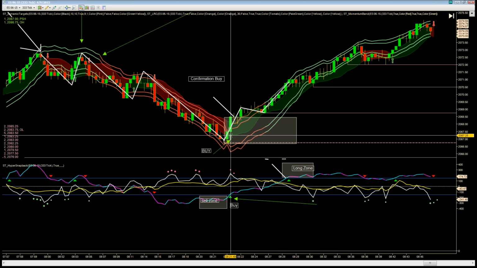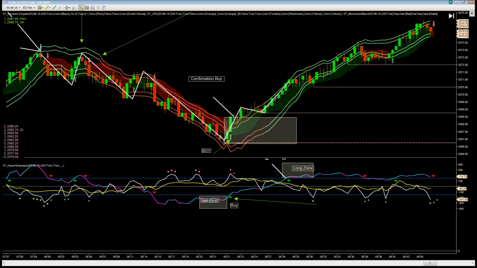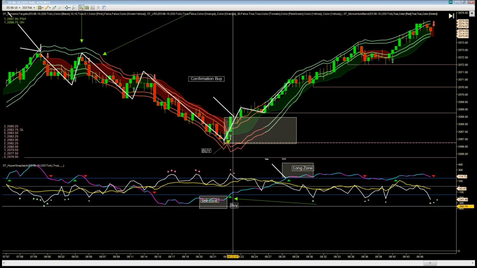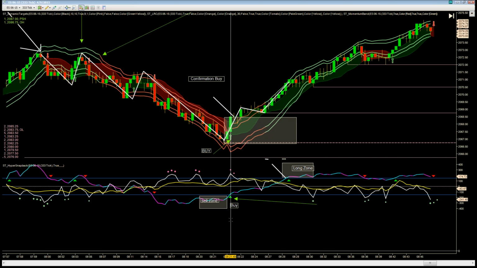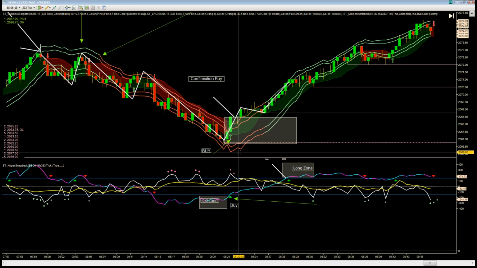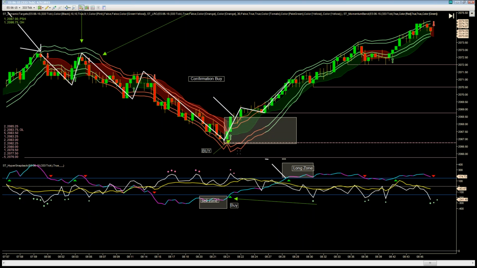So you have a 1-2 punch here, and as long as you're outside of the top of the band, you're fine. Now what makes this even stronger is you can have a hyper snapback down here, which would be the yellow pulling up. So you can wait, and this is what makes the scanner so valuable.